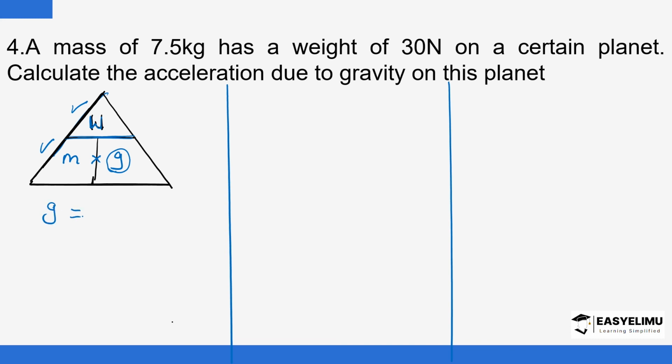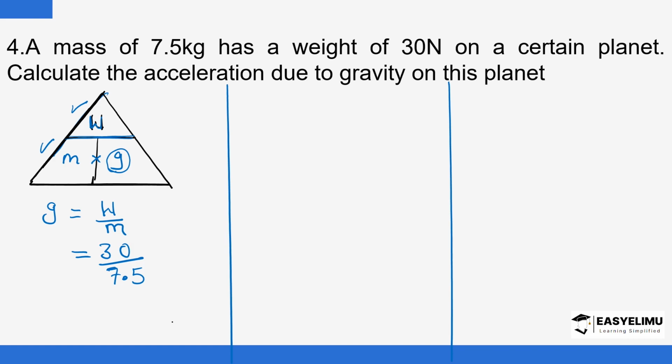So G equals W divided by M. What is W? Weight, 30 newtons. And we're dividing by 7.5. How do you get the answer here?